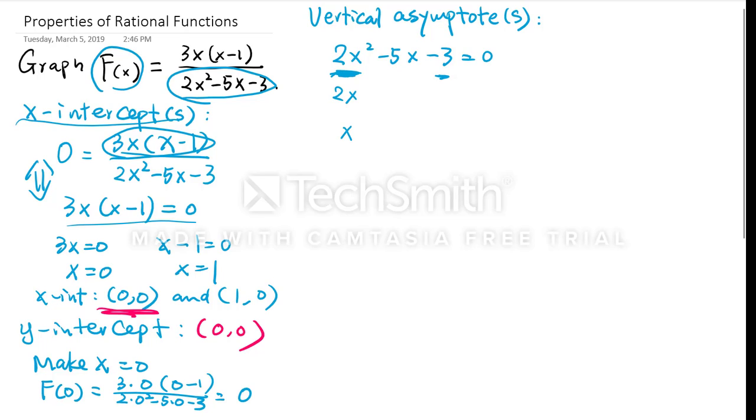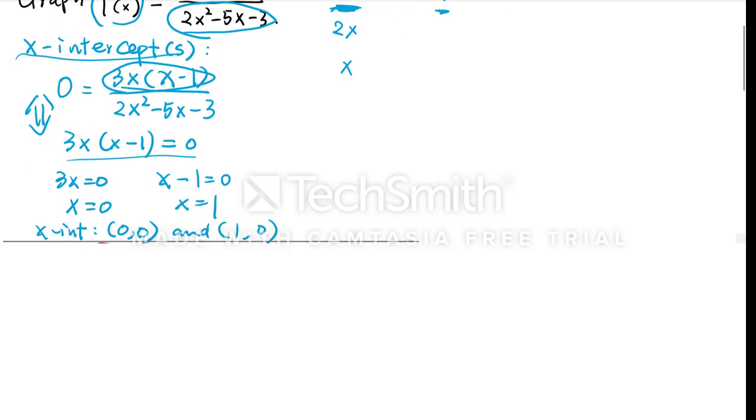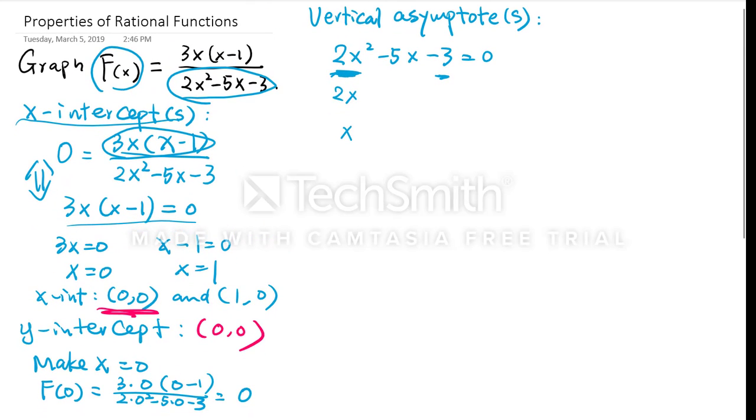To factor this 3, or negative 3, to factor this 3, you will have 1 times 3. I'm going to cross multiply here. This will give me 6x, and this will give me x. And what I need in the middle is negative 5x. So from x to 6x, in order to get a negative 5x, this 6x needs to be negative.